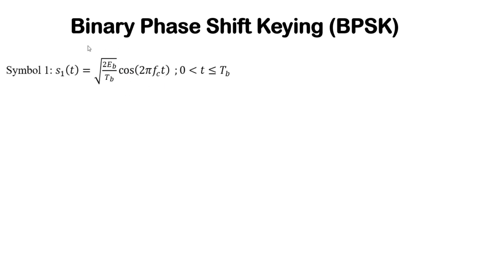In this equation you can see the amplitude of the signal is under root 2EB by TB, frequency is FC and phase is 0. These are the three components of any modulating signal, and with the help of a function we describe the modulating signal.